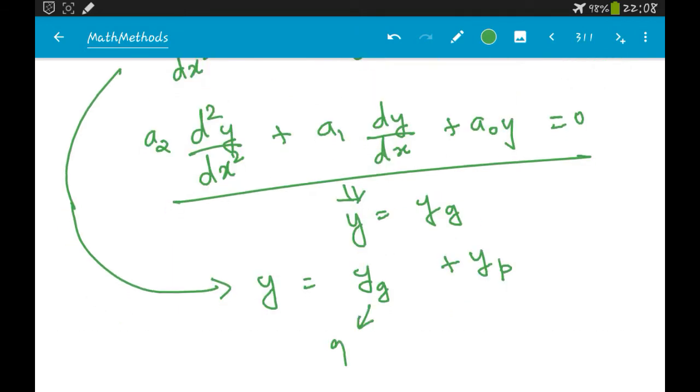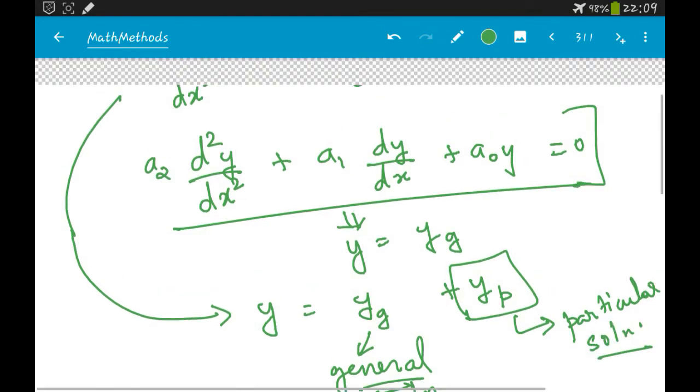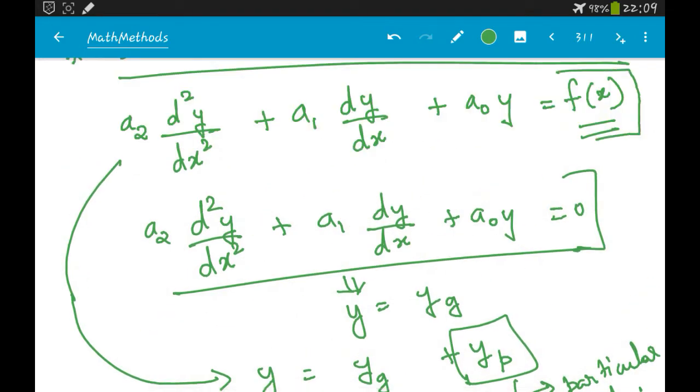So this is your general solution which you will get by solving this equation, and this is an extra solution. This is called a particular solution, and this solution depends on the nature of f of x.